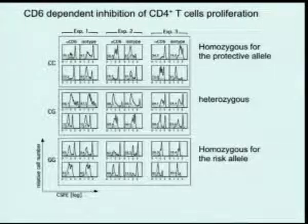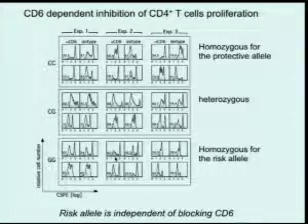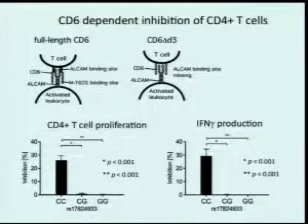You can see that if you're CC, when you block with anti-CD6, you go from here to here, you block entry in the cell cycle. But if you have the risk allele, anti-CD6 doesn't block. And here's a summary of these data over here. So if you're CC versus CG or GG, you have a marked inability to inhibit CD6 co-stimulation or gamma interferon production.